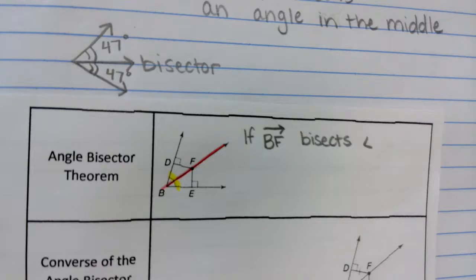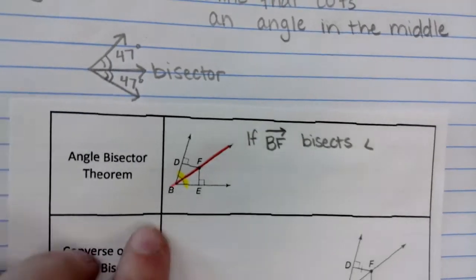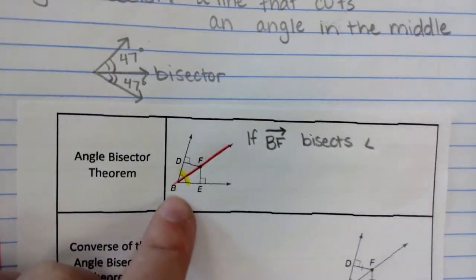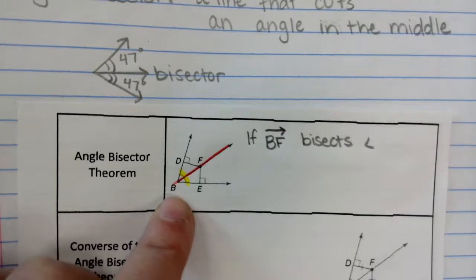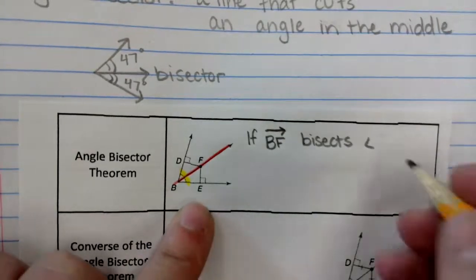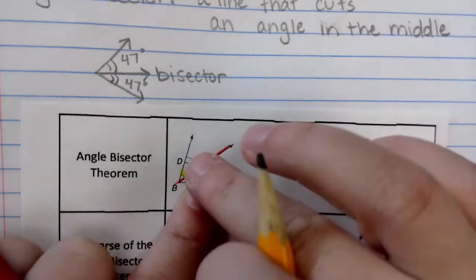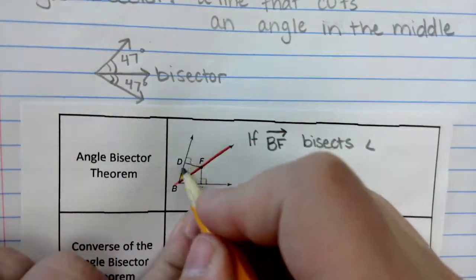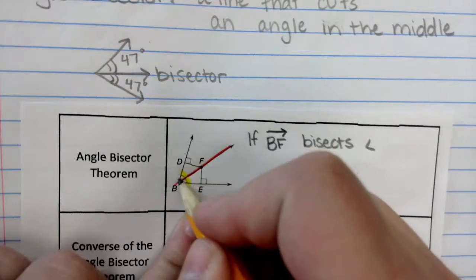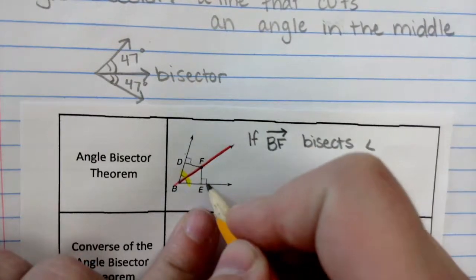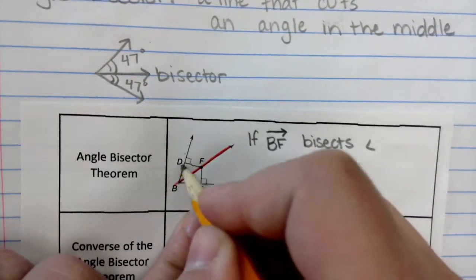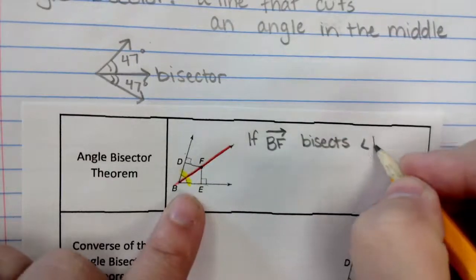We want 3 letters for angles. DBE, or we could say, not F, we don't want that one. We want this big overall one. So we could go DBE, or we could do EBD. Yep. I'm going to stick with DBE though.